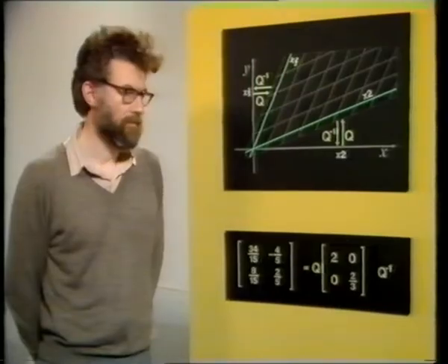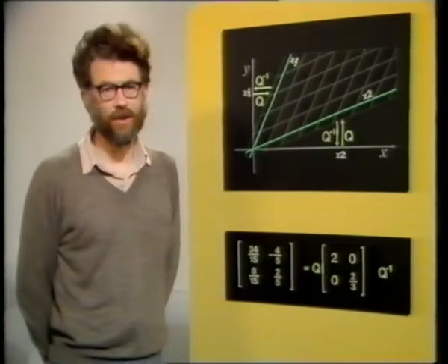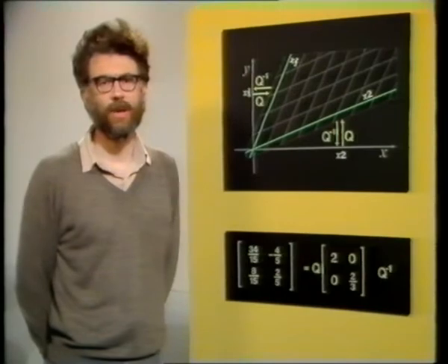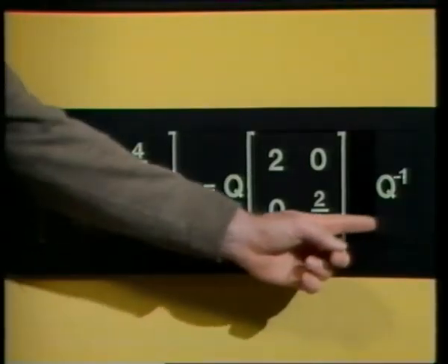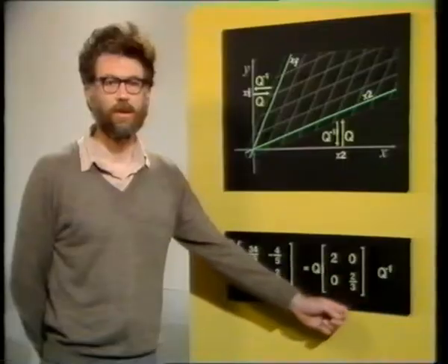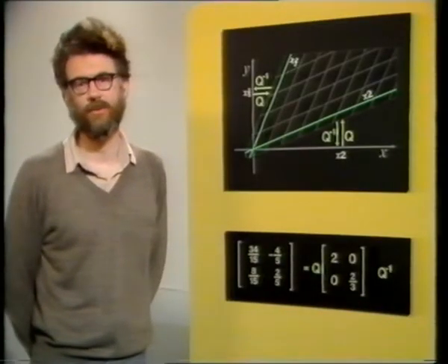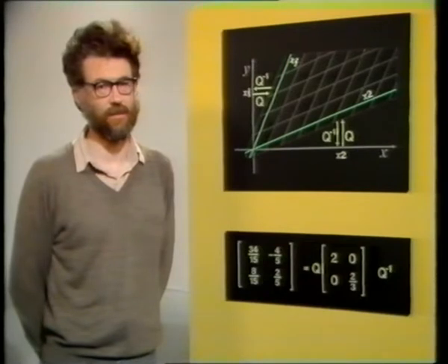The original matrix and QDQ to the minus 1 give the same transformation. So now we've found a matrix Q such that our original matrix can be written as Q times the diagonal matrix times Q inverse. Can we use this expression to help us simplify calculations of powers of our matrix?